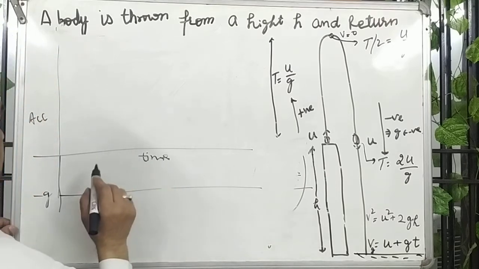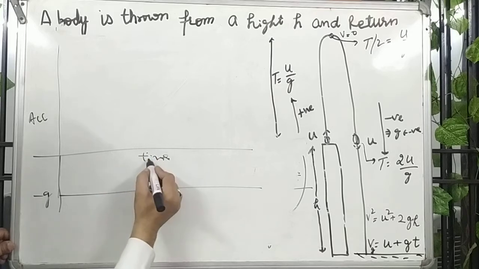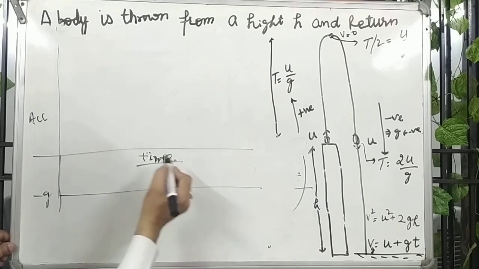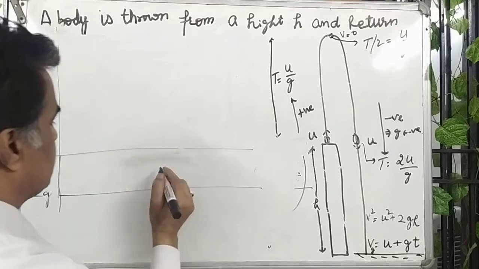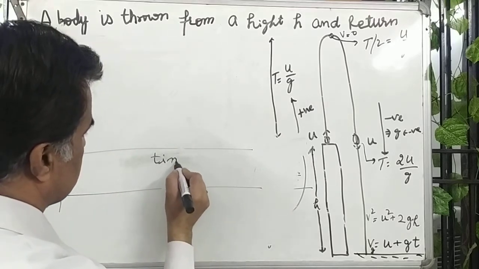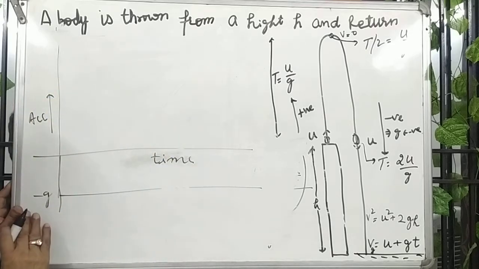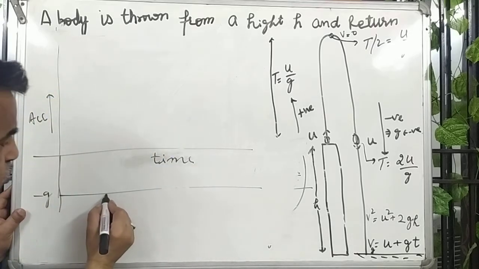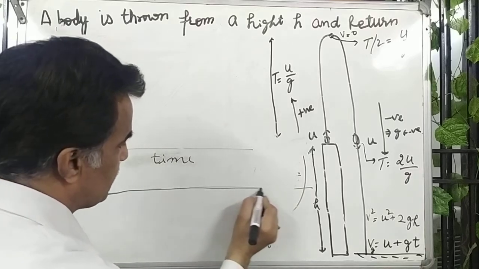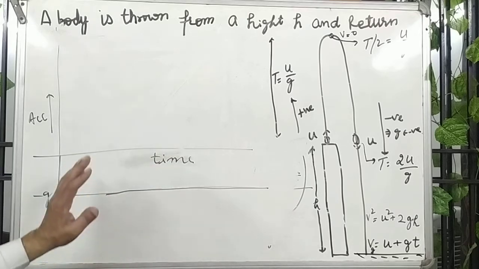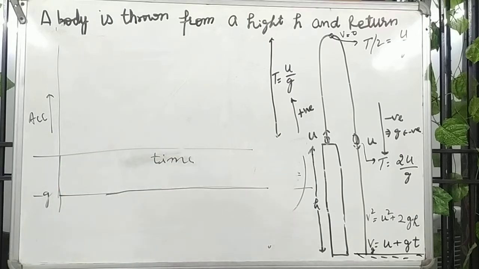Throughout the journey, acceleration is g under gravity, which is constant. I have taken it as minus g.